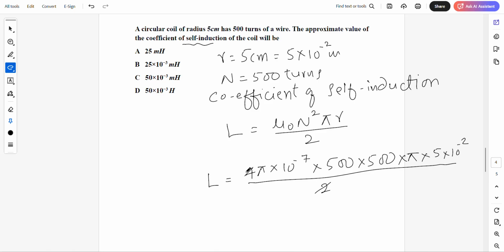Understood? The 2 cancels. L is equal to 2 pi into pi, which is 2 pi square.